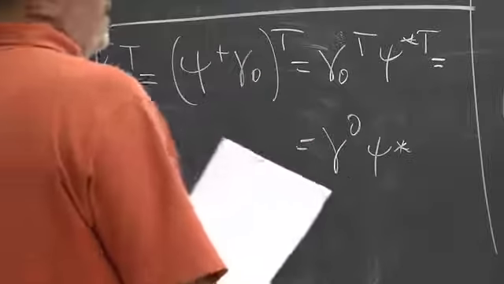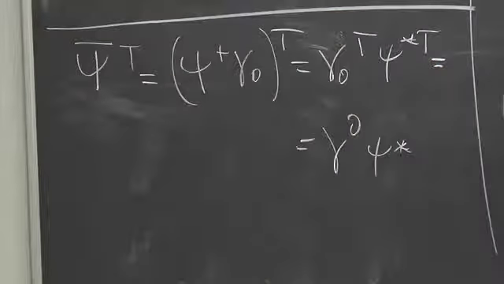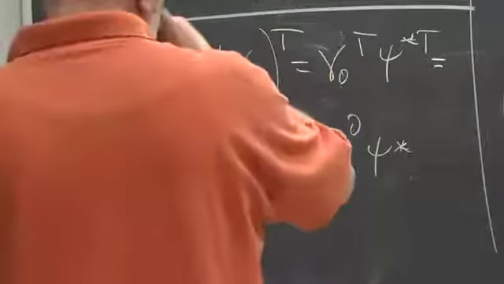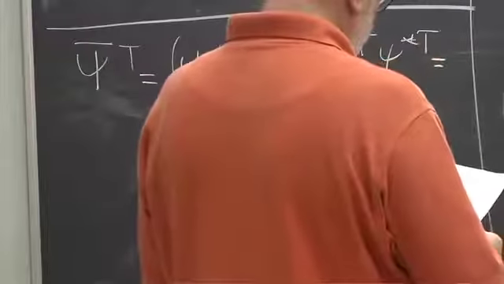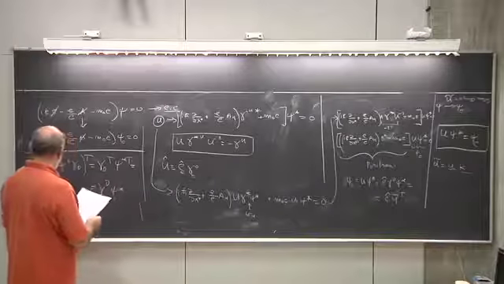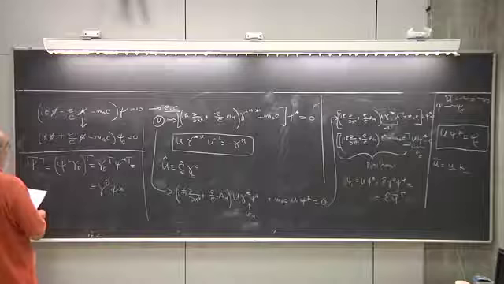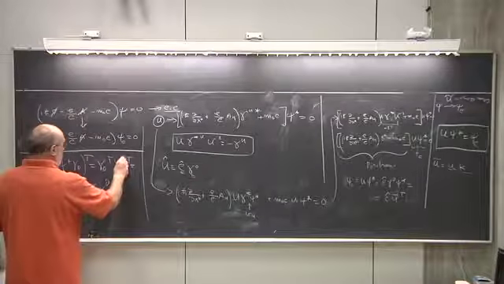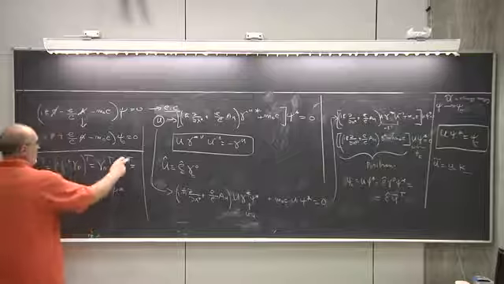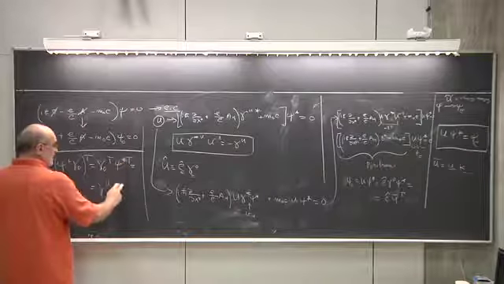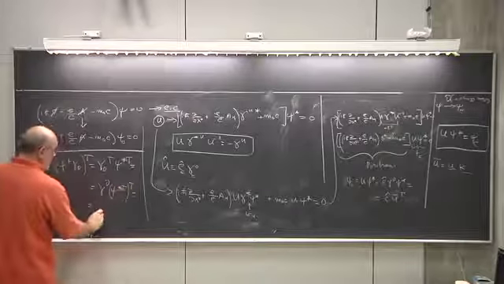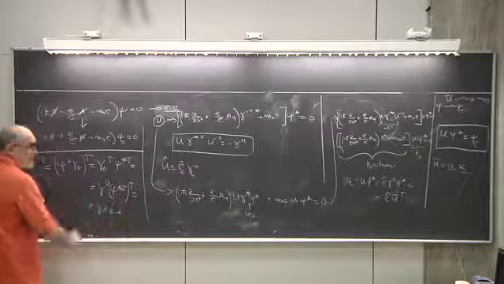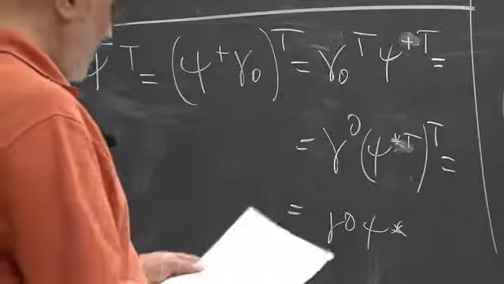So you see that this object that I had here, gamma 0 psi star, I could write as this object there. Sorry, take it back. This is dagger, and I do the transpose, but the dagger is star, times transpose times transpose. So I get gamma 0 psi star, because transpose and transpose give the same.